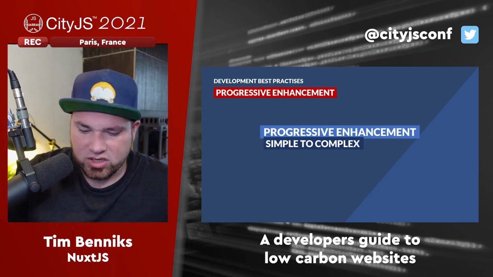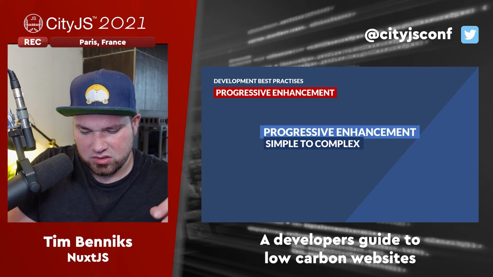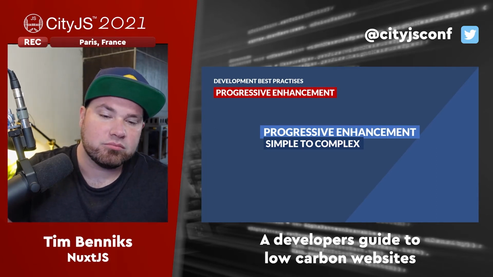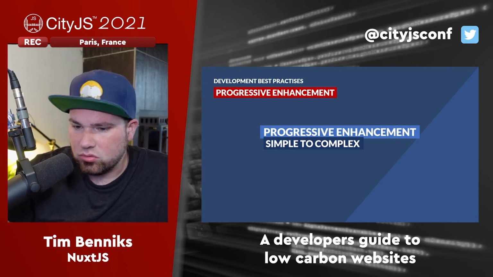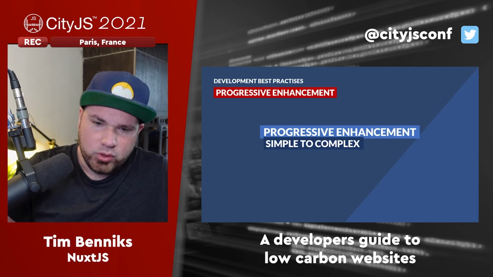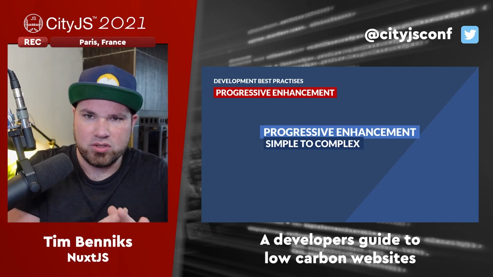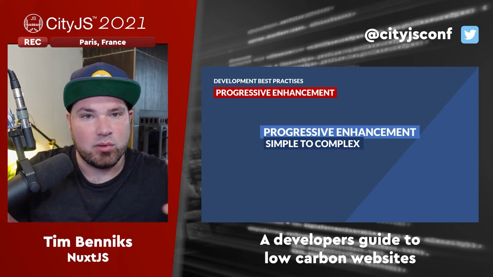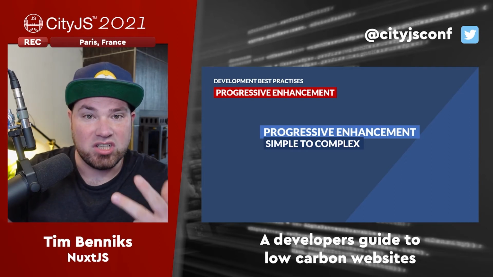On to the next, progressive enhancement. And so progressive enhancement is something that fits in a whole different array of work. It can be from CSS to JavaScript to content. And the point with progressive enhancement is that you start very simple, right? A website or an app that you build works everywhere. And as simple as in, internet is a feature, touch is a feature, JavaScript is a feature.